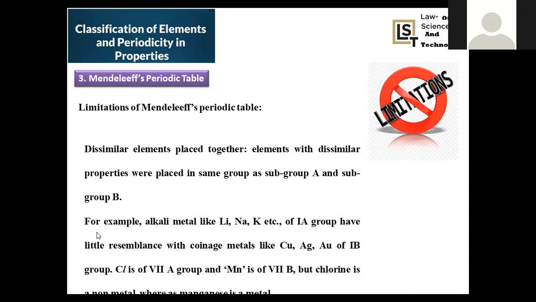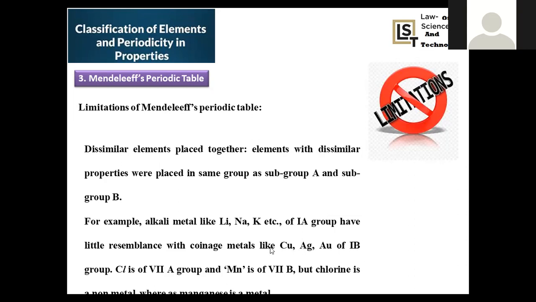Elements like lithium, sodium, potassium, in group IA, have a little resemblance with coinage metals like copper, silver. Lithium, sodium, potassium are regarded as alkali metals. Copper, silver, gold are called coinage metals, because coins are made up of these metals.